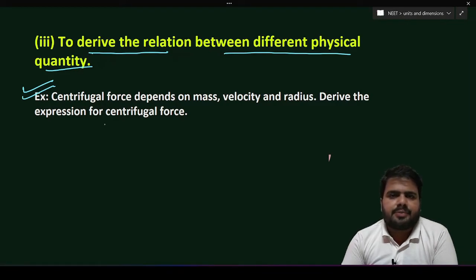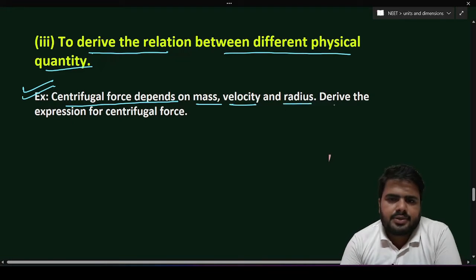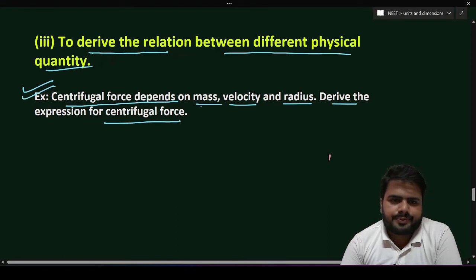Here it is given that centrifugal force depends on mass, velocity and radius. So derive the expression for centrifugal force. Clear, all of you? So it is given that the centrifugal force depends on mass, velocity and radius.